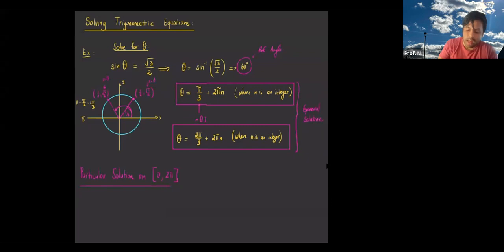So now the question is, how many solutions do I have on the interval from 0 to 2 pi? Well, if I just go around the unit circle one time, I only have two solutions. I only have this solution here and this solution here. My theta here would be pi over 3, and my other angle would be 2 pi over 3. And that would be it.